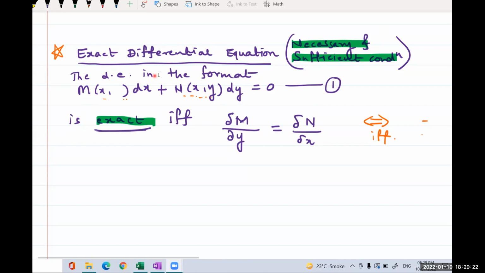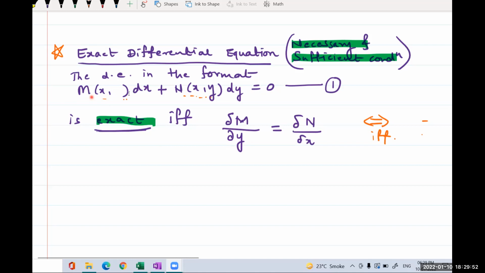Suppose your differential equation is in the form M of x, y dx plus N of x, y dy is equal to 0. Then del M by del y, the partial derivative of M with respect to y, is the same as the partial derivative of N with respect to x. So del M by del y is equal to del N by del x.